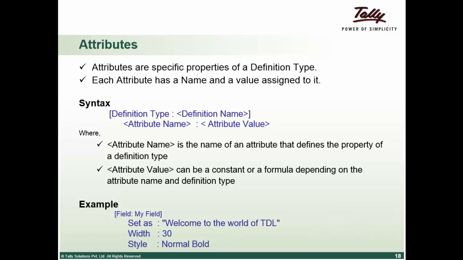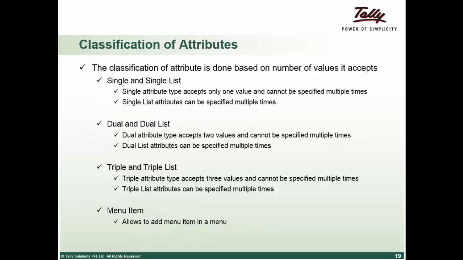Classification of attributes. The classification of an attribute is done on the basis of the number of values it accepts, and whether they can be specified multiple times under a definition, based on the number of sub-attributes and the number of values. Hence, there are 7 types of attribute categories specified. Single and single list.